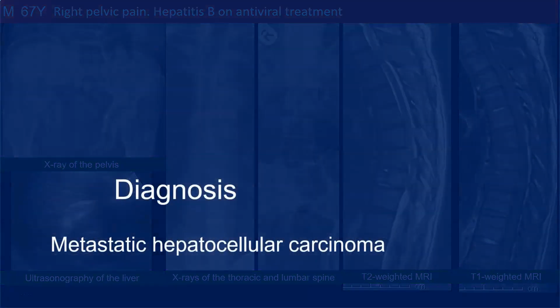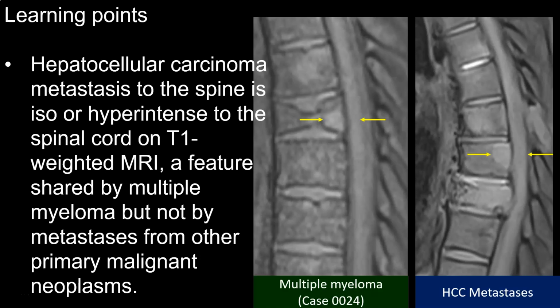So we are dealing here with metastatic hepatocellular carcinoma, and our learning points are: hepatocellular carcinoma metastasis to the spine is iso or hyperintense to the spinal cord on T1-weighted MRI, a feature shared by multiple myeloma, but not frequently by metastasis from other primary malignant neoplasms.